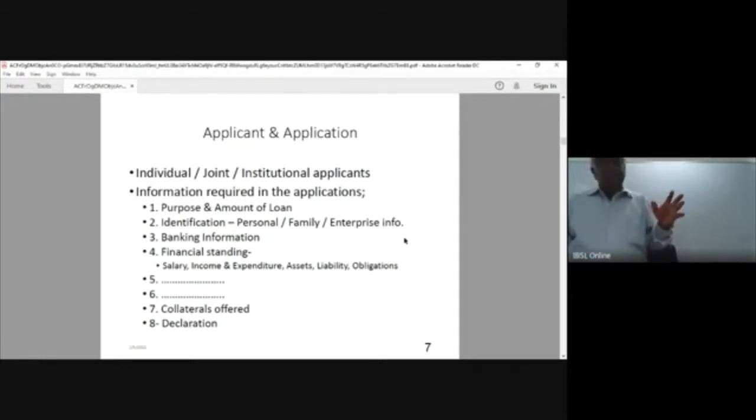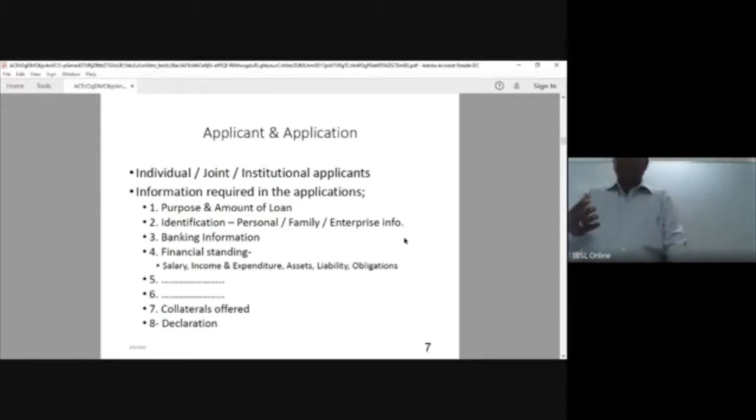In the application, various information is required from the customer. But I have seen that credit officers don't give much attention to the application. When the customer gives the application, they take it, say okay, thank you, and just keep it in the file and wait. But there is so much information the banks are asking from the applicant.